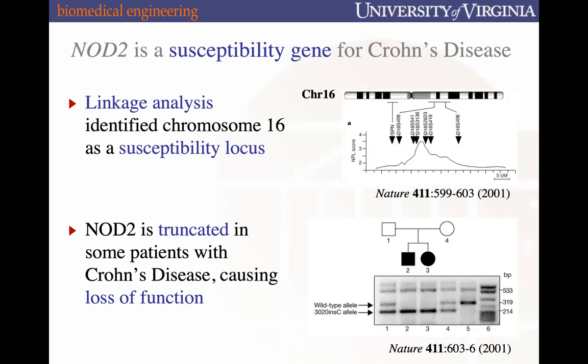As the name implies, loss of function means NOD2 does not work anymore. These two studies back-to-back identified that at chromosome 16, there is a susceptibility locus. NOD2 is on chromosome 16, and there's a truncation that leads to a loss of function in NOD2.